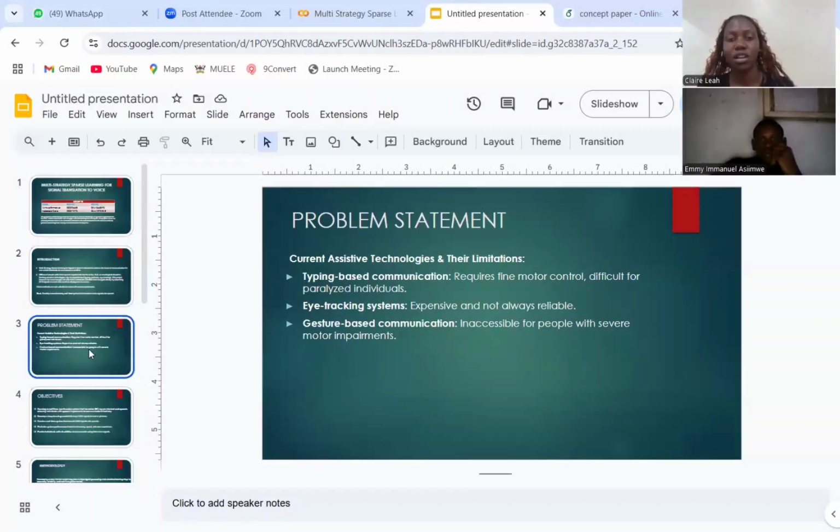Typing requires someone to use their hands, but some people are paralyzed. With the eye tracking system, someone in a coma may want to communicate but can't blink. Even gesture-based communication is the same.